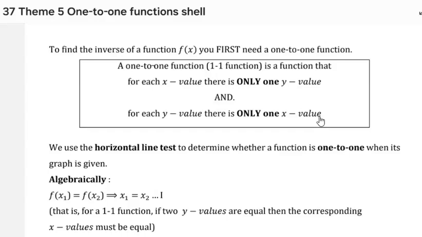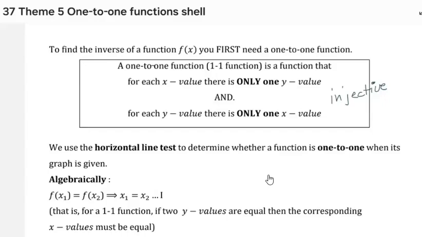So we also call it injective, an injective function. I did not use the word in my notes here, but it's an injective function. So when x has only one y value and y has only one x value, then we have a one-to-one function.